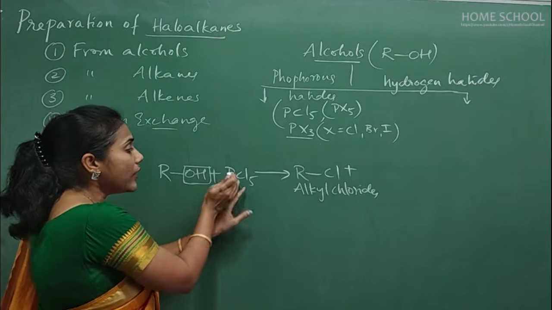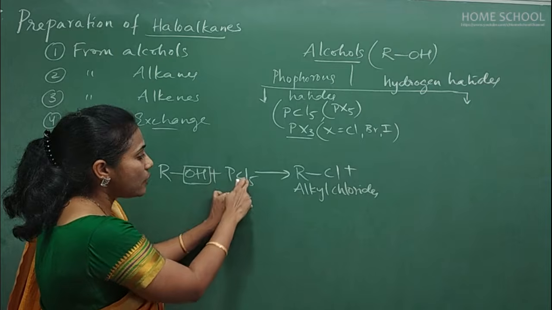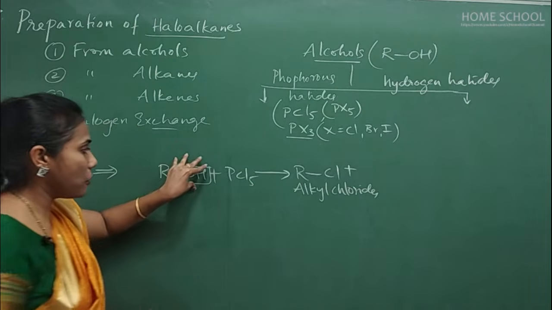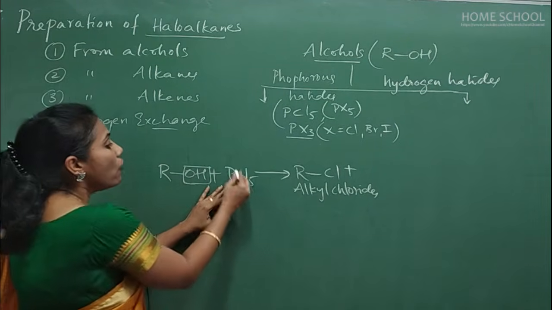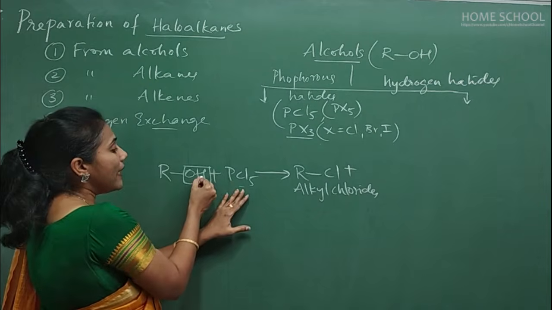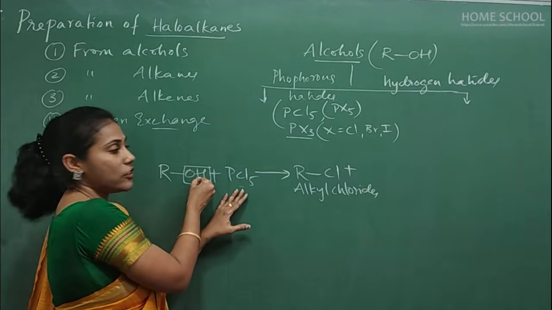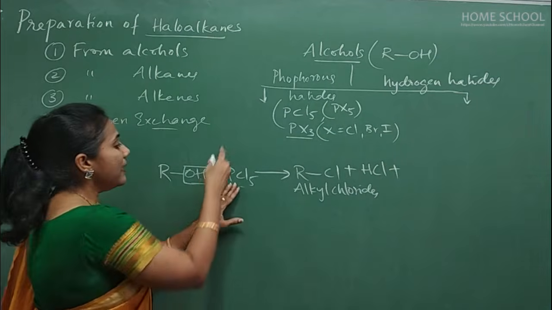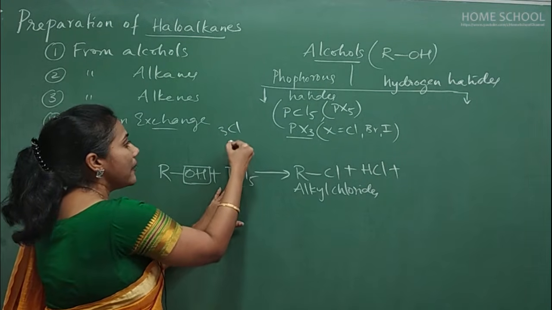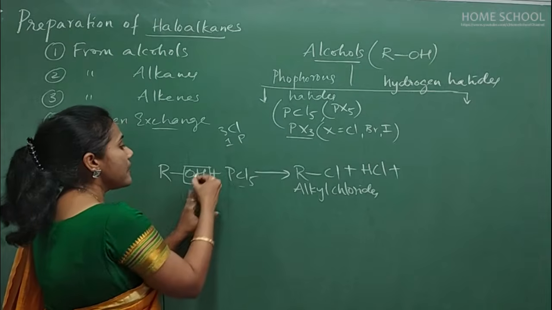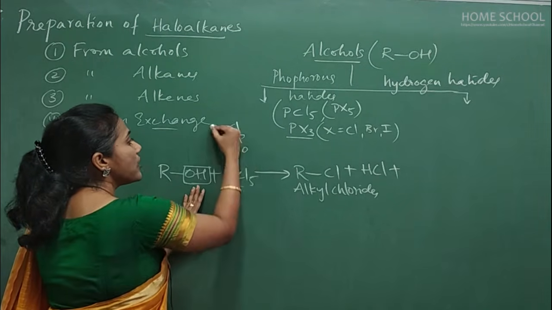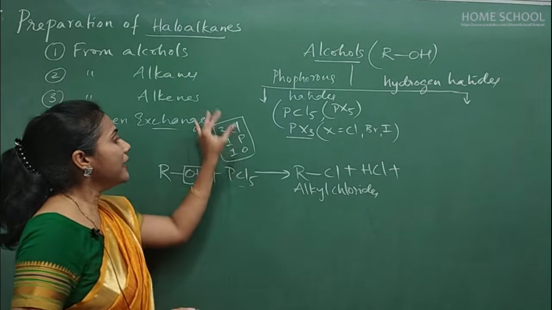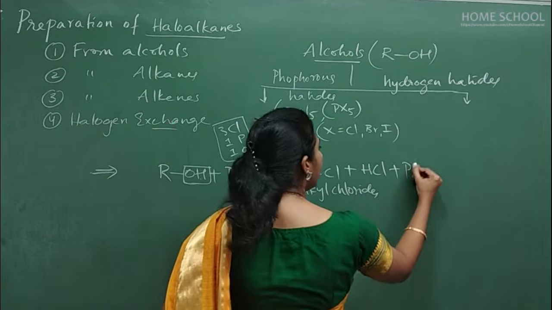Here the byproducts are also very important to remember. Among 5 Cls, 1 Cl was replaced by OH. Now one more Cl will combine with H of OH. So you get one product as HCl. Now what is remaining? 3 Cls are remaining, 1 phosphorus is remaining and 1 oxygen is remaining, right? Combine all of them, what do you get?